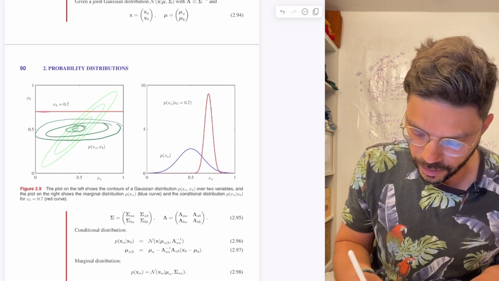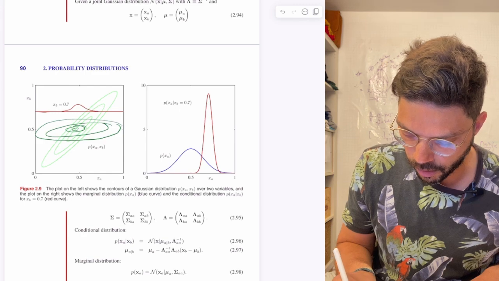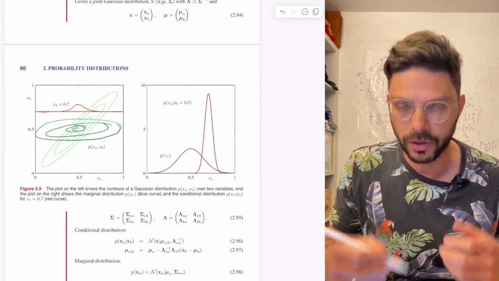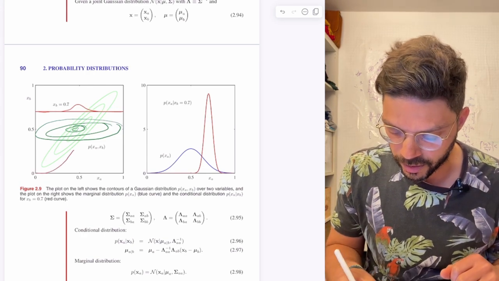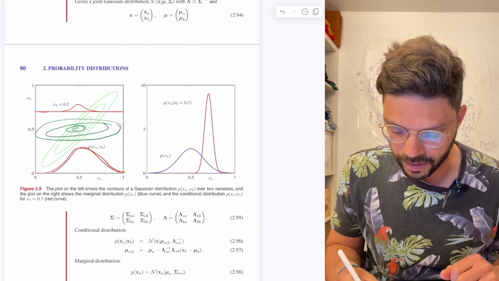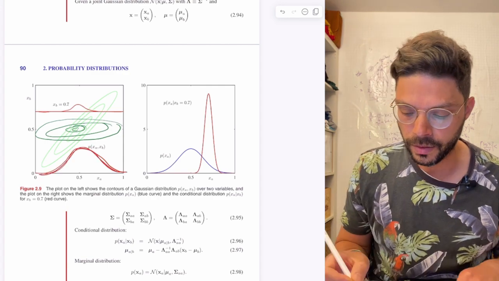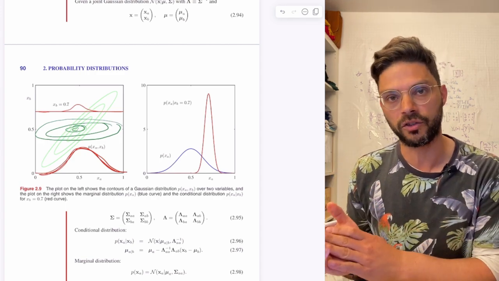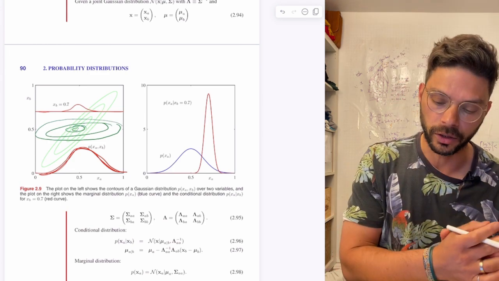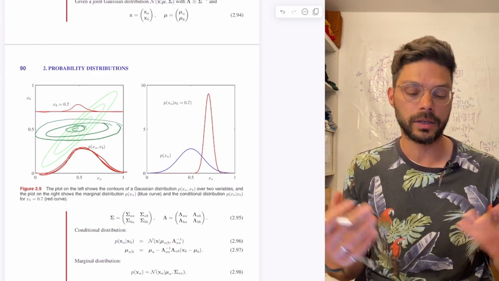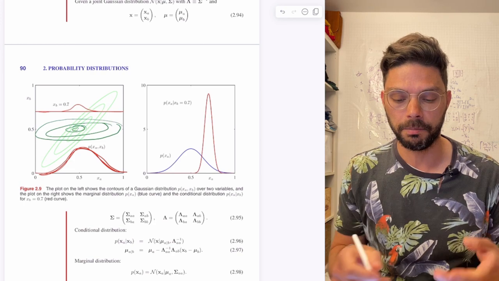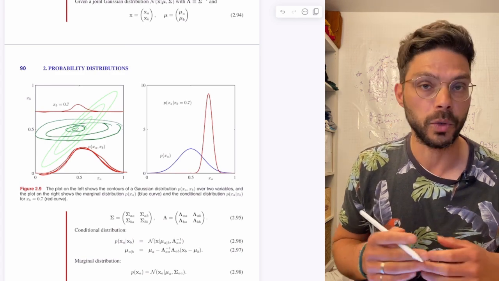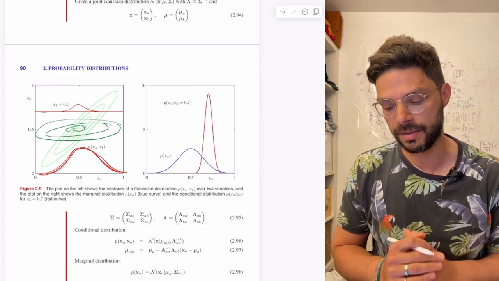You would get a distribution that looks like this, maybe even smaller than that. But when you normalize it to get the conditional distribution, you would get something that looks exactly like the marginal distribution. So in the case that they're independent, the marginal distribution would look like the conditional distribution, because conditioning on b would tell you nothing about x of a. You would end up in the same boat as the marginal setting.